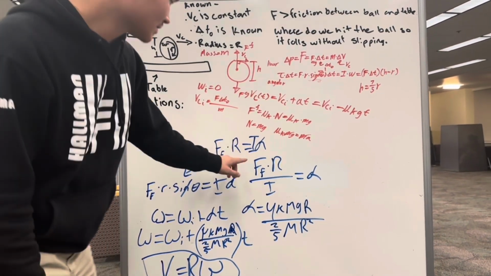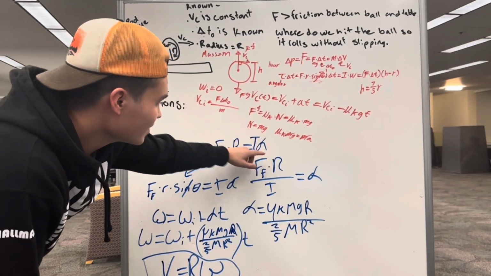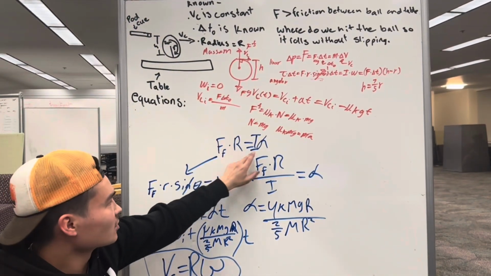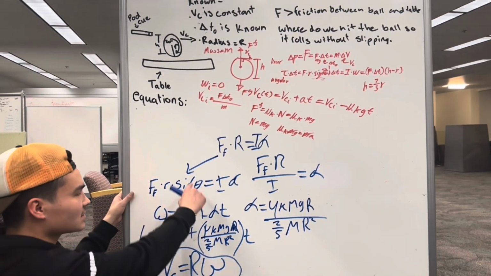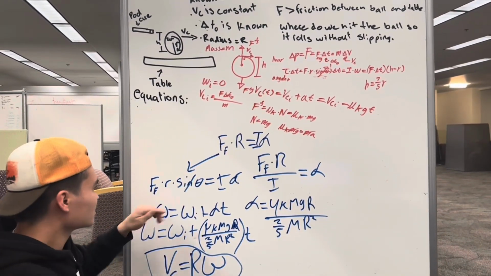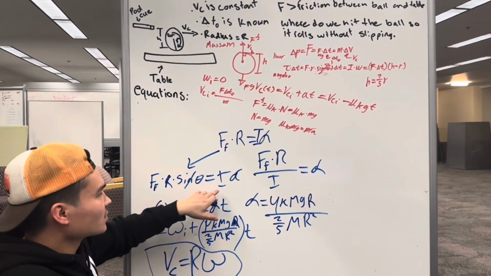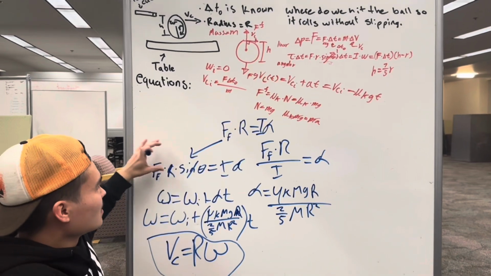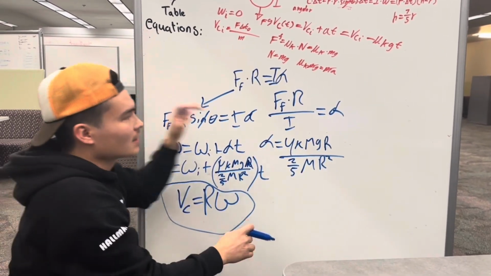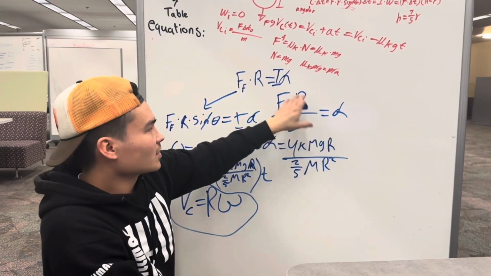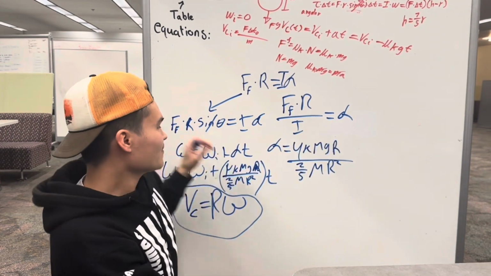The friction force times radius times sine, this sine equals 1, so it's just the friction force times r equals inertia times alpha. Now that we have that, we need to solve for alpha. So we divide both sides by inertia, and we have the friction force times r over inertia equals alpha.